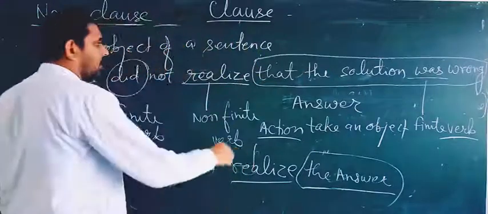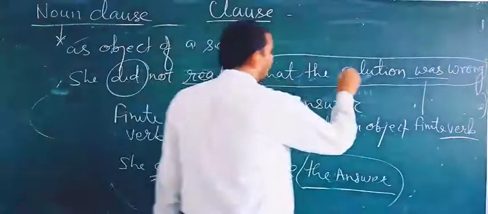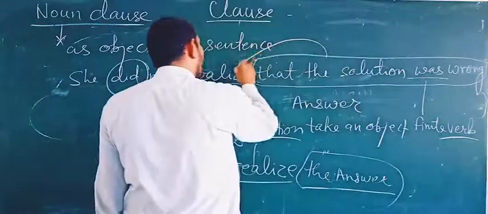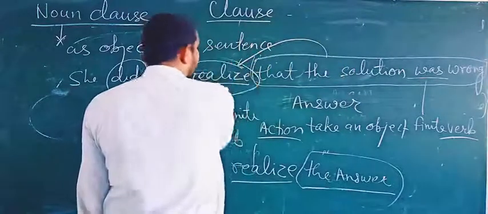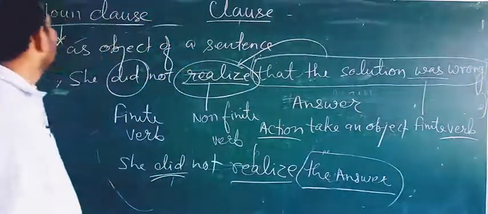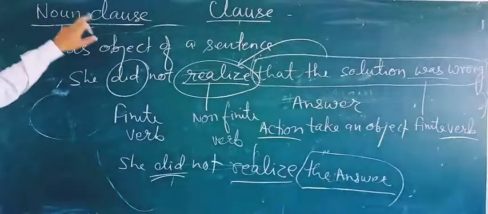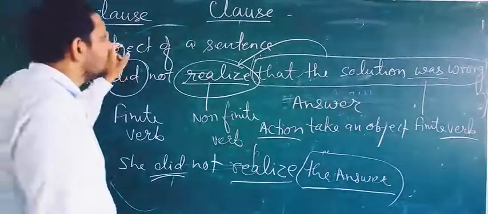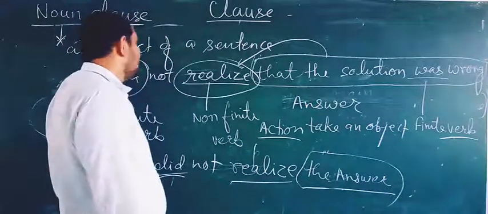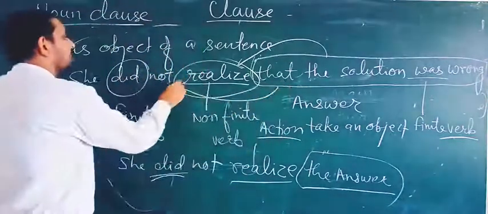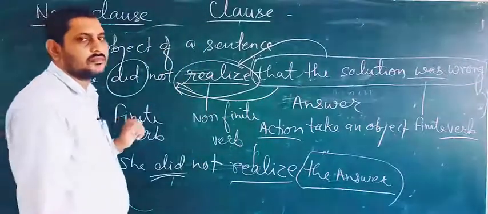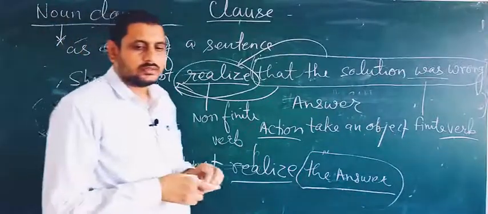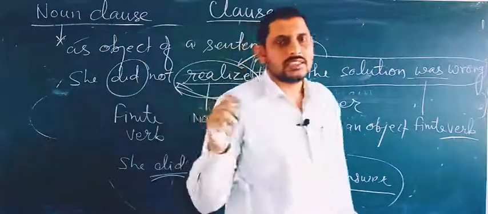Okay, so that the solution was wrong is functioning as the object of the verb realize. So we can say a noun clause can function as the object of a main clause. Okay, so you just do all these.